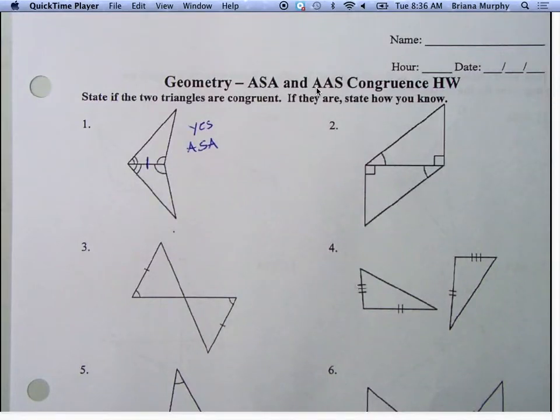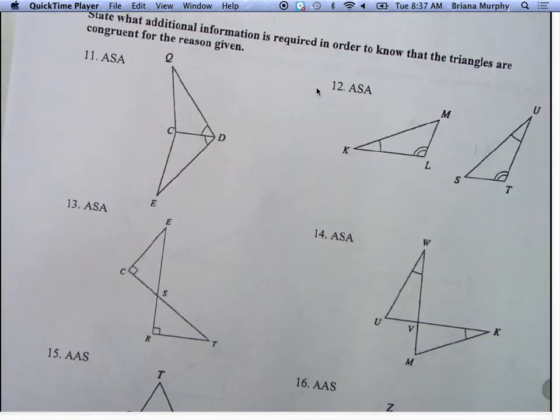If we turn this over, we're just stating what else we need to know in order to make it angle side angle.